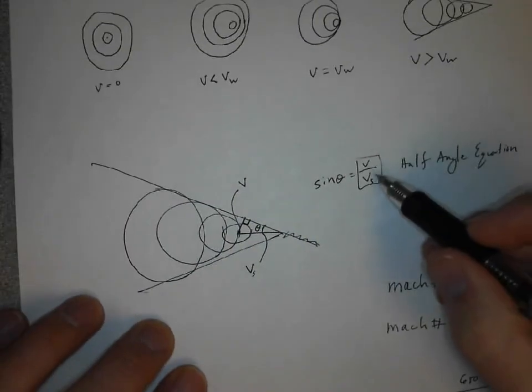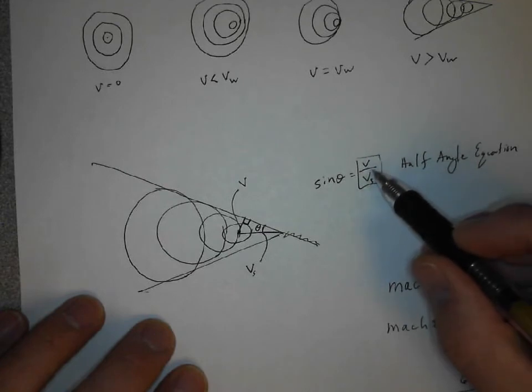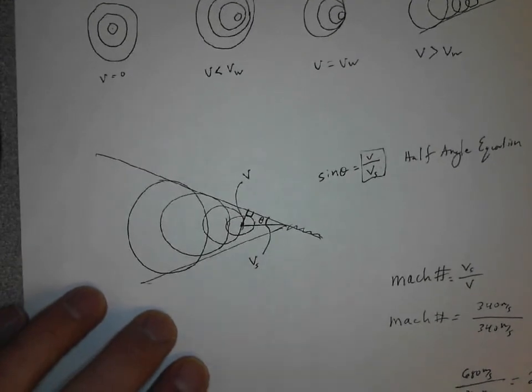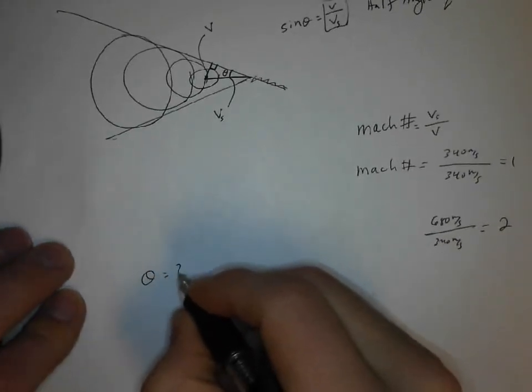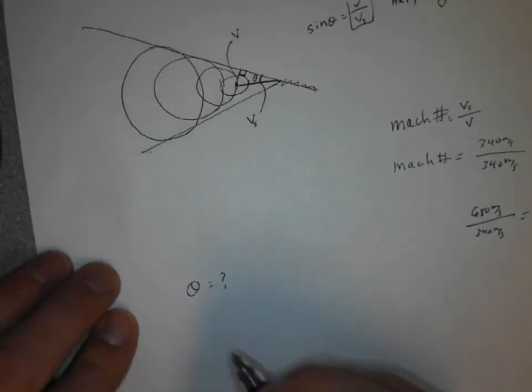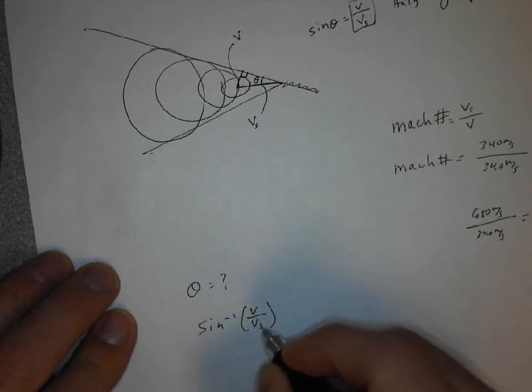The nice thing about the equation up here is I can use Mach numbers, or I can use just standard velocities to get my answer. For example, let's say I wanted to know what the angle is, right down here, for an aircraft going at twice the speed of sound. Well, if I rearrange my equation, I get this for my angle.